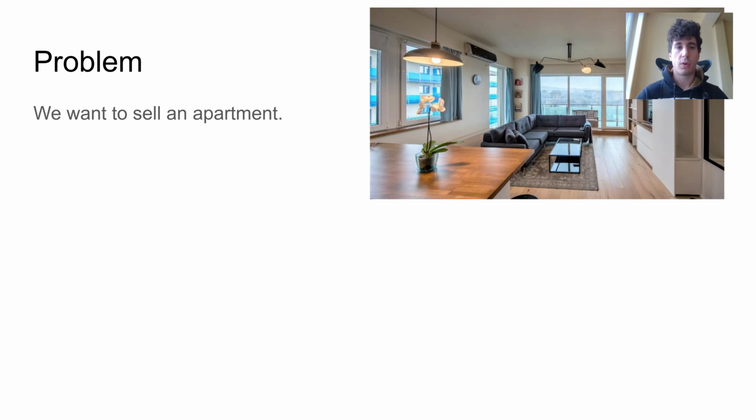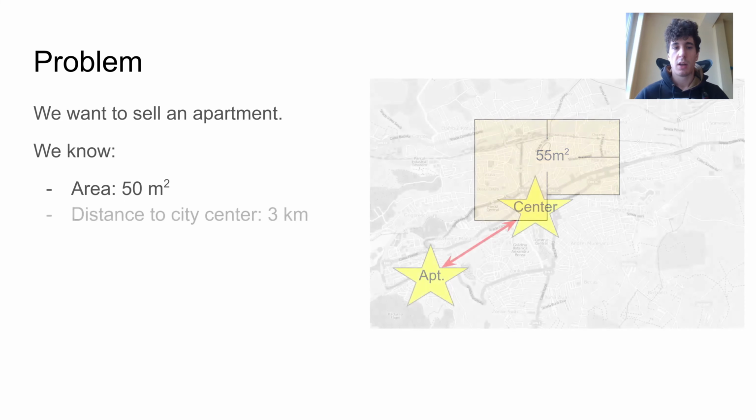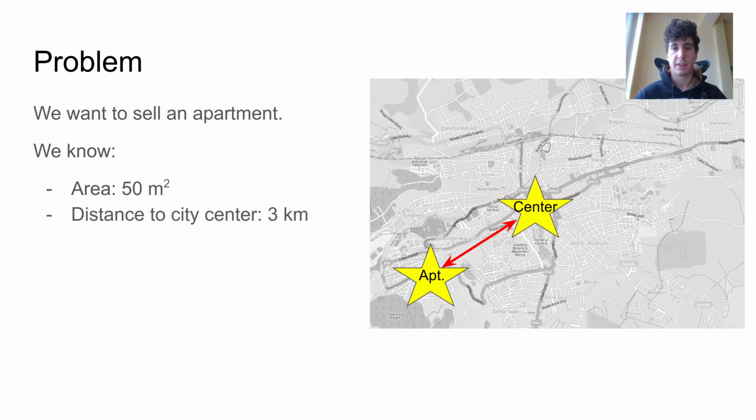So the problem we will solve today is we want to sell an apartment. We know the size of the apartment, how many square meters it has, the distance to the city center. If the distance is bigger, we expect the price to be smaller.